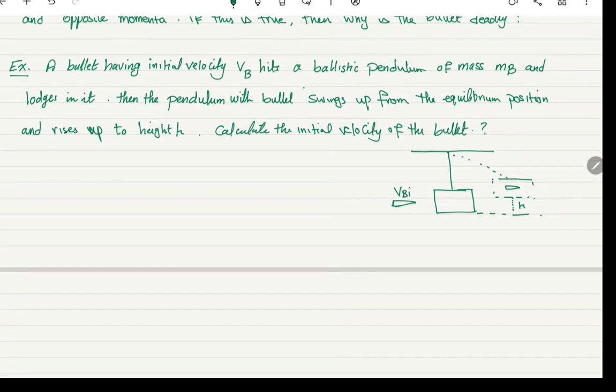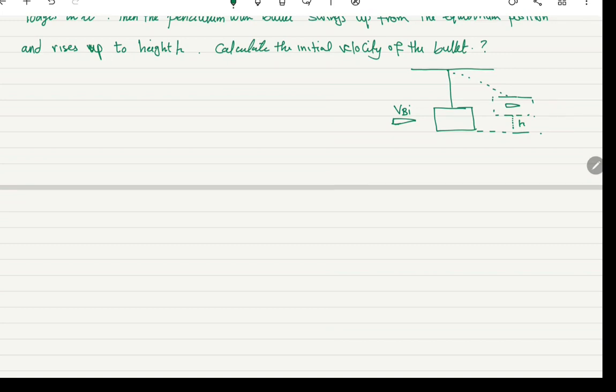Now to do this, this problem can be divided into two main problems. The first one is collisions. Actually, it's a completely inelastic collision, and the second one is a simple pendulum. So when the bullet hits the piece of wood and sticks inside it, it rises up until the height h. So let's calculate the energy here. Since it's at maximum height, it's just potential energy.